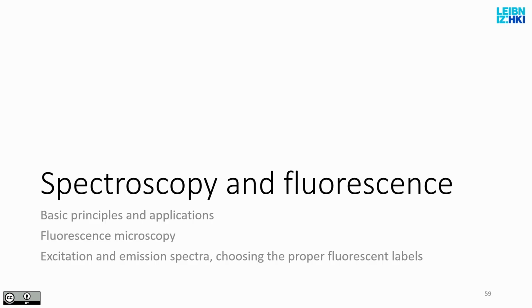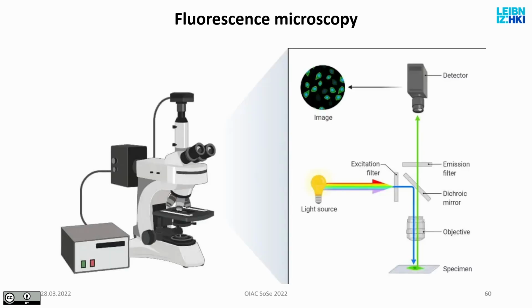In addition to transmitted light microscopy, of course, usually we label the elements, the objects that we want to image. The most common form of that is using fluorescence microscopy. The principle of that is quite simple.